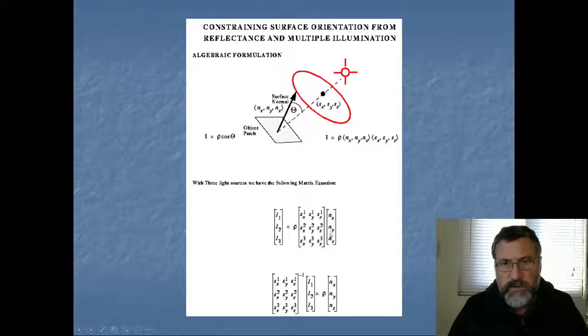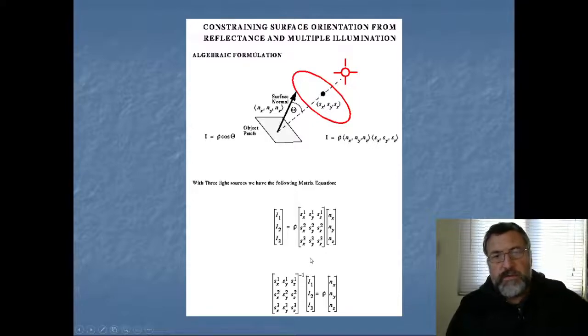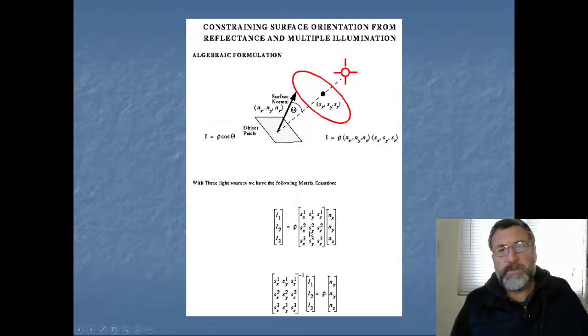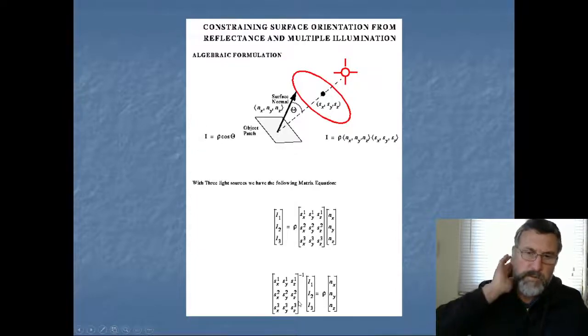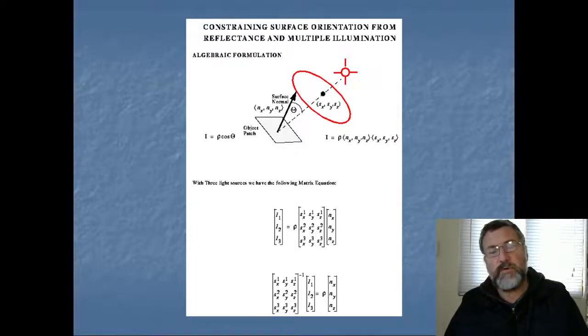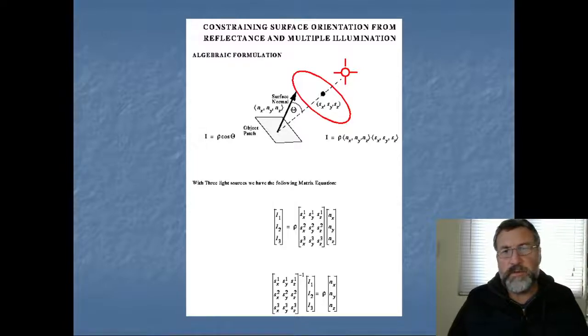We get the surface normal vector components, and this allows us to work out the orientation of the surface and the albedo, or the reflectivity of the surface, which we show here as this Greek letter. So we can rearrange it if we want to find out the surface normal in this way.